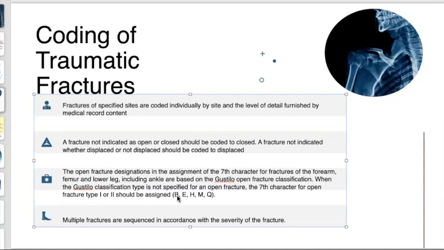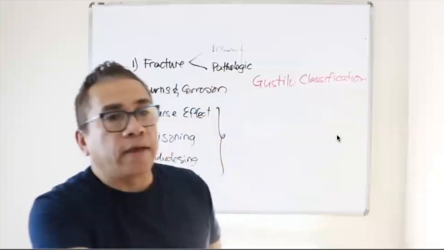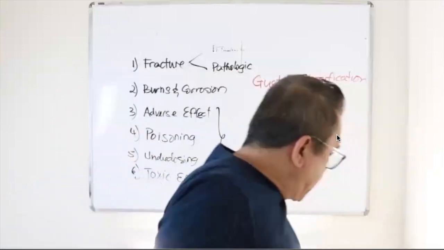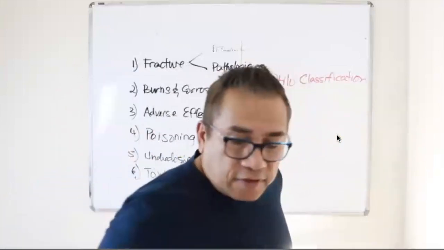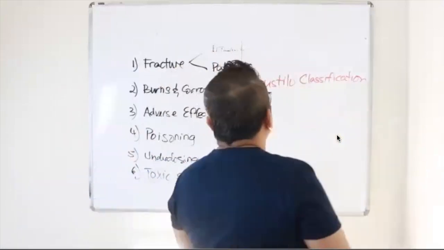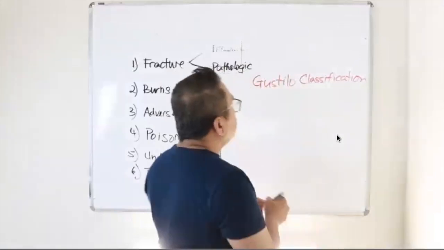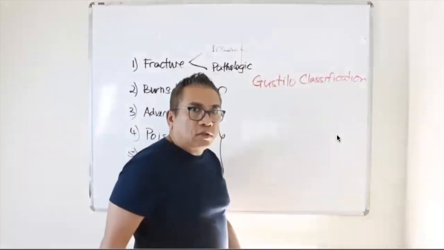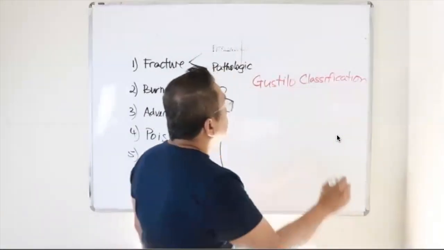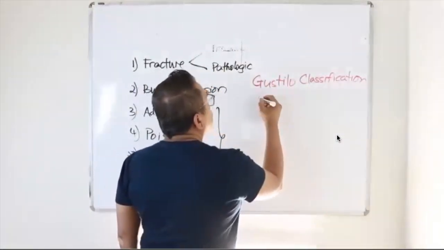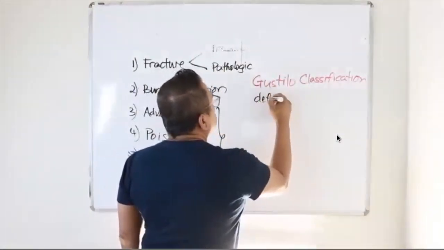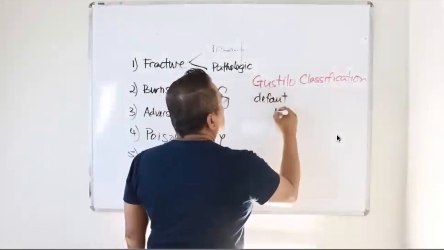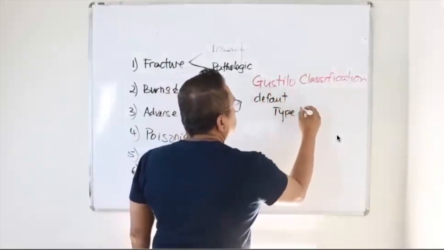So these are the B, E, H, M, Q. Okay, now that I've shown you these different 7th characters, when there's no specification as to the type, you always default to type 1 and type 2.